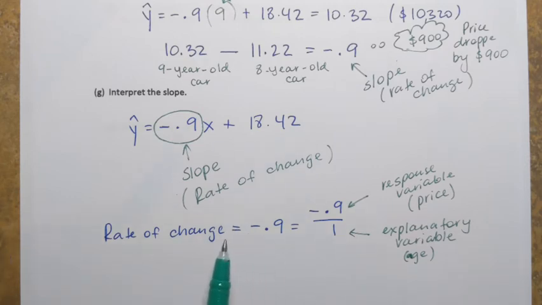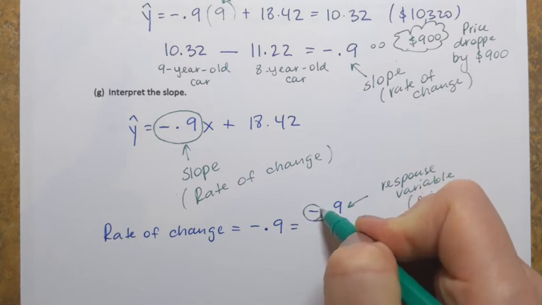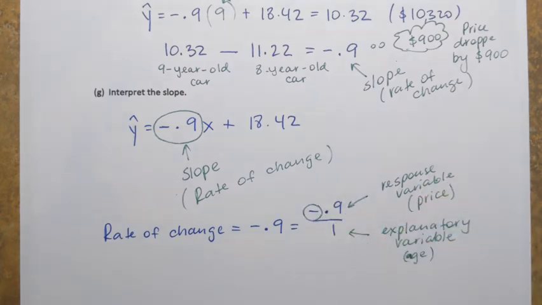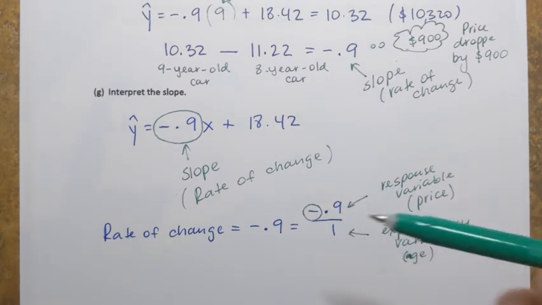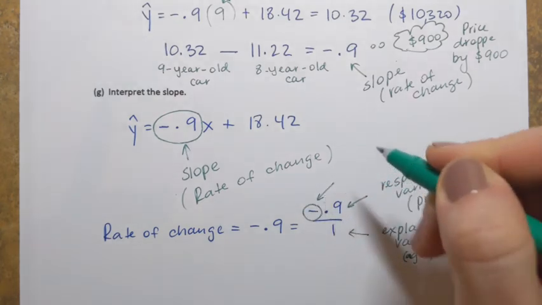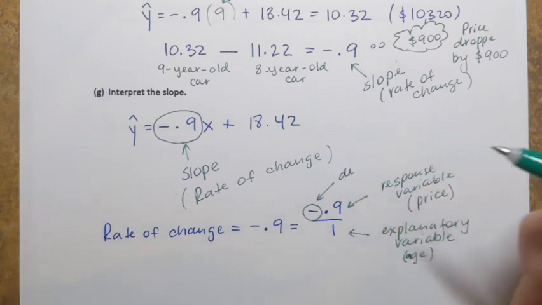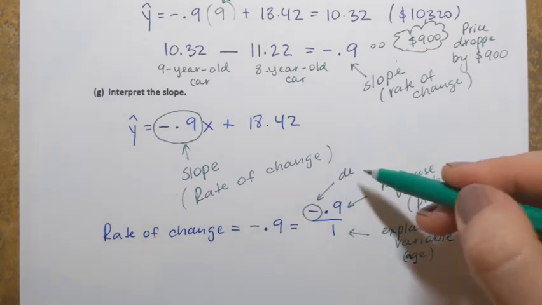So we're going to say that the price of Honda Accord decreases or drops, and that's one more thing I need to note. The rate of change is going to be either positive or negative. So that means this numerator will be either positive or negative. If it's negative, the key word will be decreases, so the response variable decreases or drops.